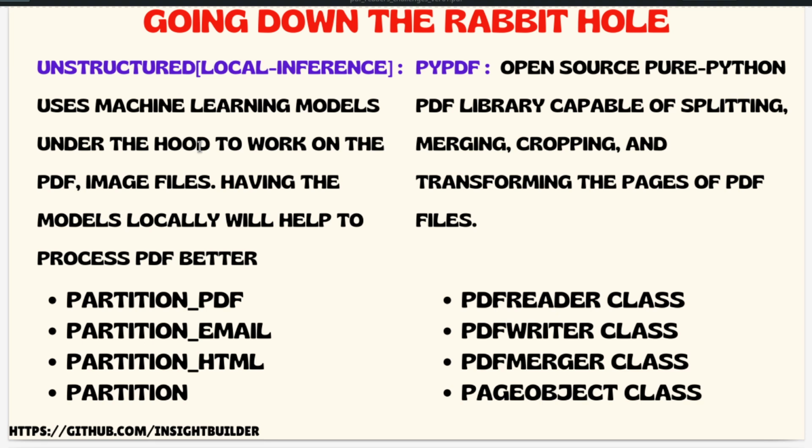In the case of PyPdf, if you are working only on splitting, merging, cropping, and transforming a couple of pages inside the PDF, then PyPdf is the best option for you. It is purely application oriented for PDF manipulation, while the unstructured local inference library is oriented towards using PDFs inside the machine learning environment, like natural language processing, image processing, etc. So you understand the divide, right?